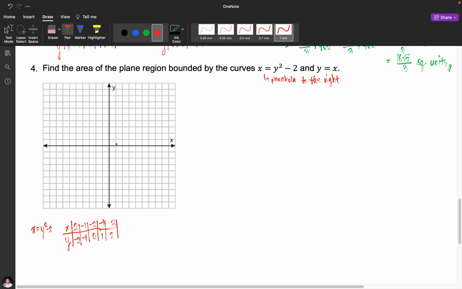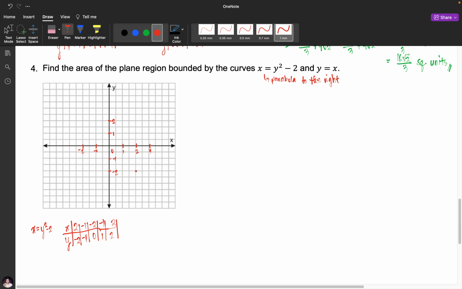Therefore, this is our curve. So we have 1 and 2, negative 1 and negative 2. So we have negative 2, negative 2.